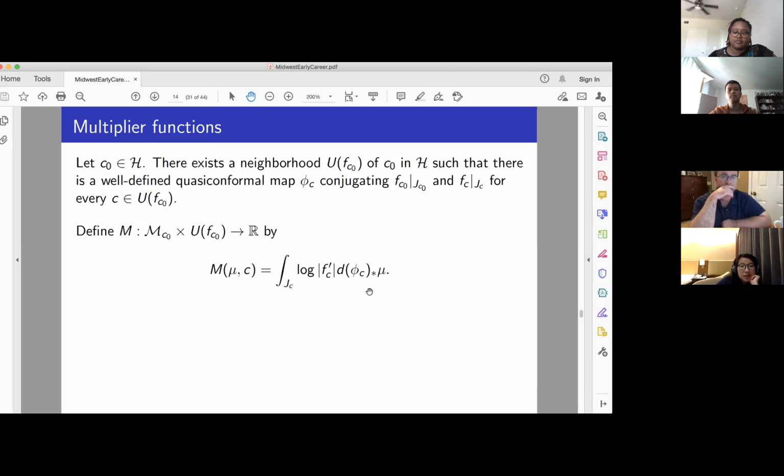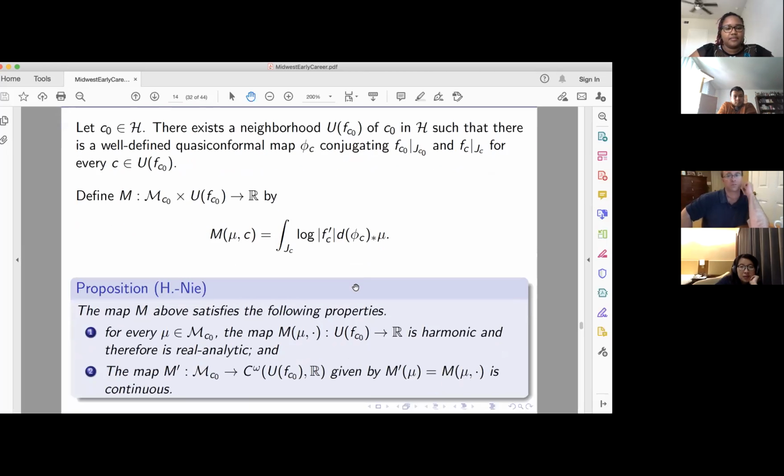First we take this invariant measure mu and we push it forward by this quasi-conformal map so that it is an invariant measure on the Julia set J of C. This is the Julia set associated to the parameter C, and we integrate the geometric potential, which is log of the absolute value of the derivative of F sub C, against this pushed forward measure.